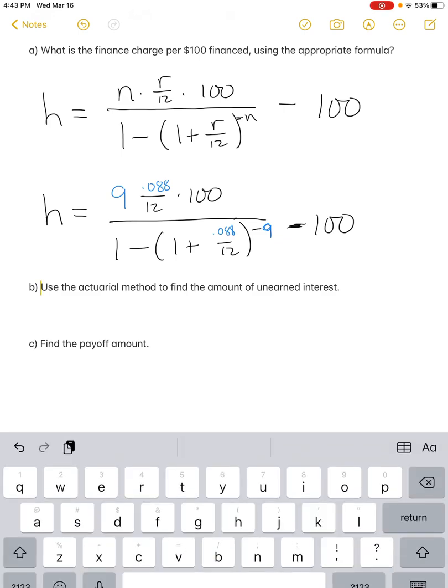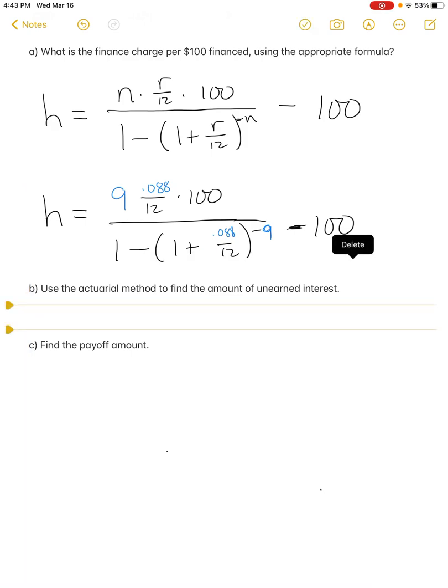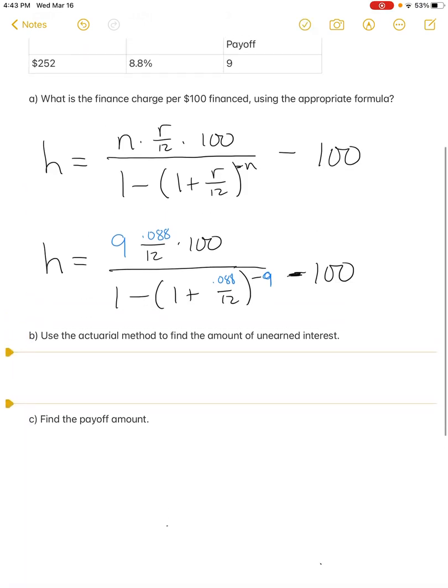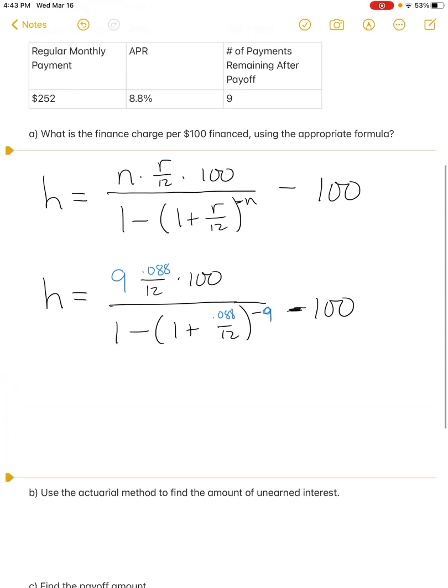It should be the last time that we have to look at the calculator. See if I can get this to drag down a little bit. There it is. And so our h is equal to 103.702, and it kept going. And we have to remember we still have to subtract away this 100.